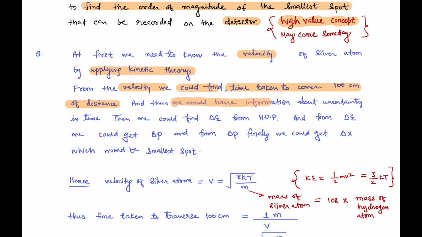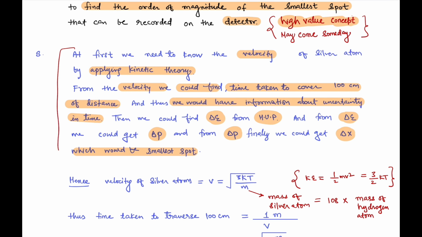And thus we would have information about the uncertainty in time, because if you know the time taken, the uncertainty is of the same order. Then we could find the uncertainty in energy by using Heisenberg's uncertainty principle. From uncertainty in energy we could get uncertainty in momentum, and from momentum we could finally get uncertainty in position, which would be the smallest spot. So this is the whole concept, and this concept is very important, so that is why we have done it explicitly.